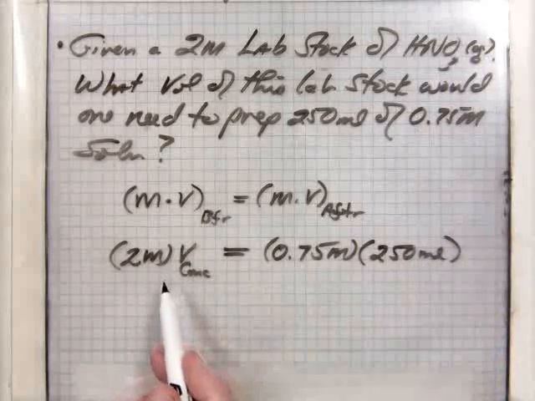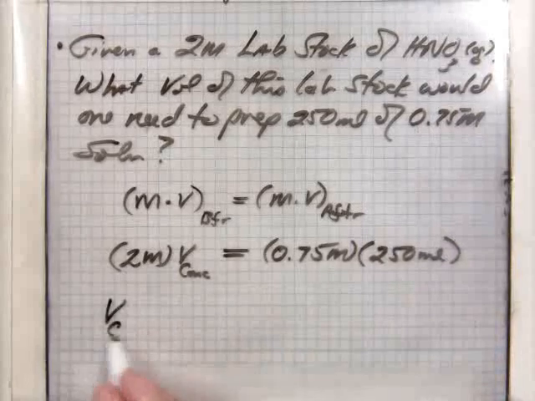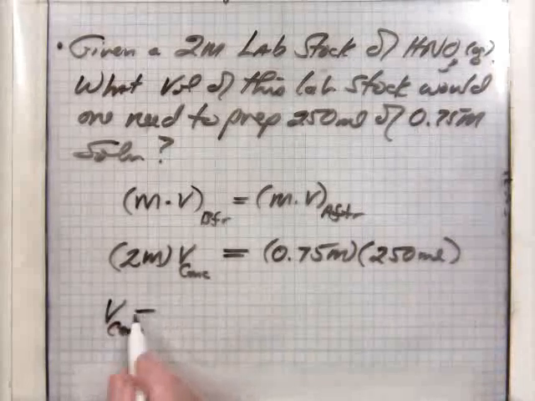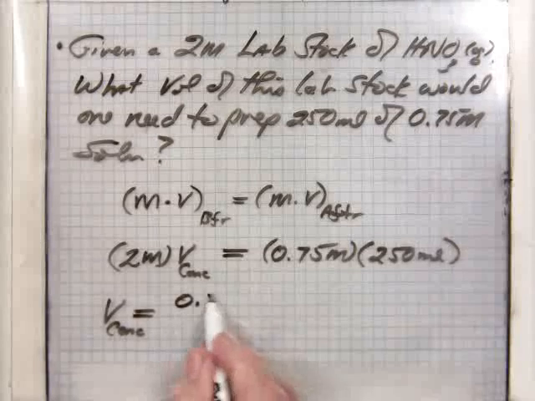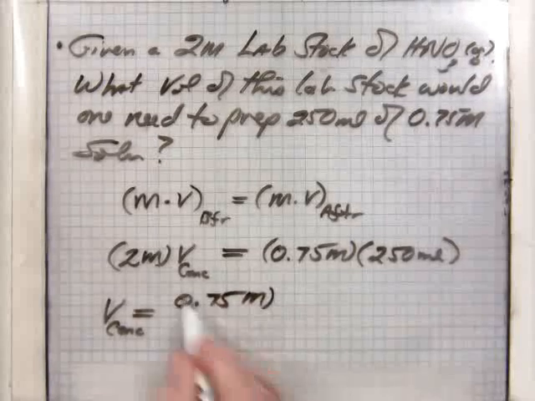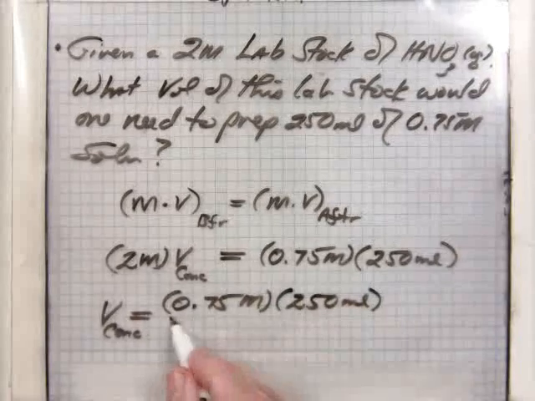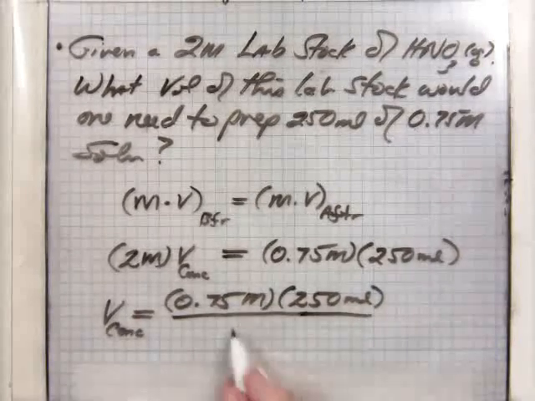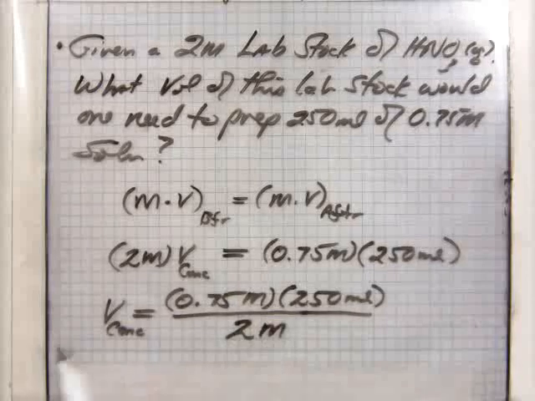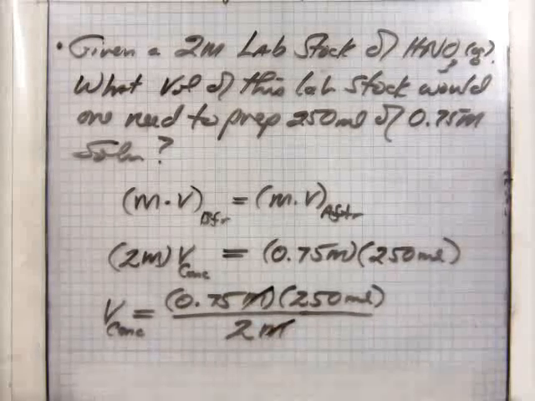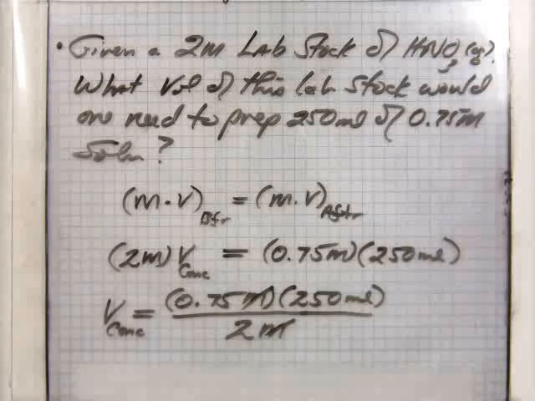The volume of the concentrate needed is 0.75 molar times 250 milliliters divided by 2 molar stock solution. That cancels and you're left in milliliters. That's how much you need to extract, transfer to the mixing container, and dilute up to, but not to exceed, your total volume.